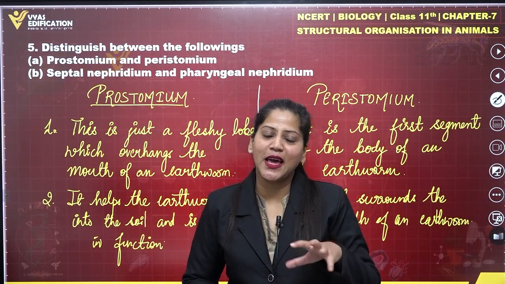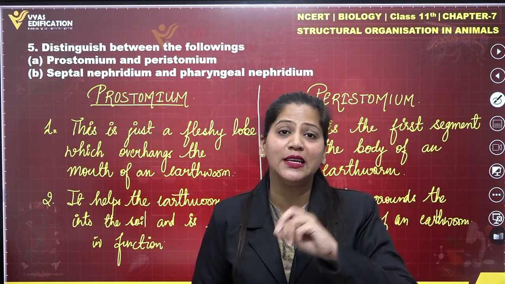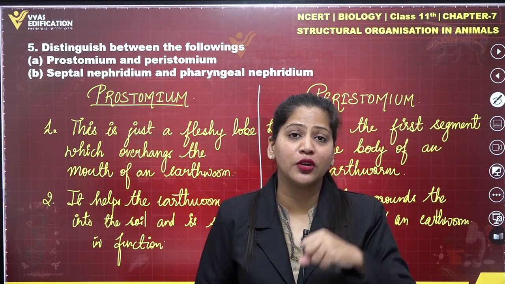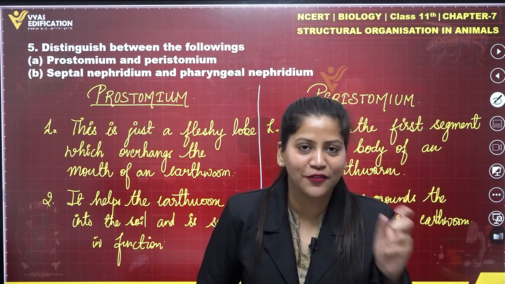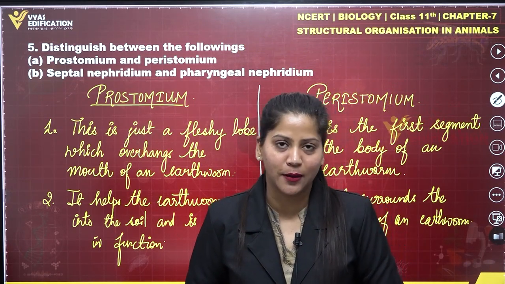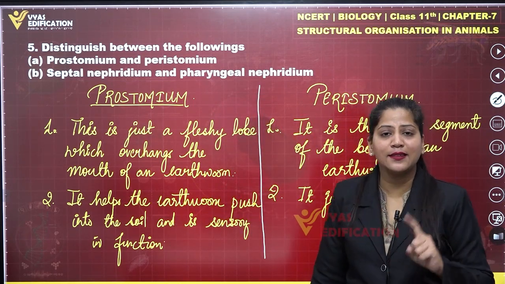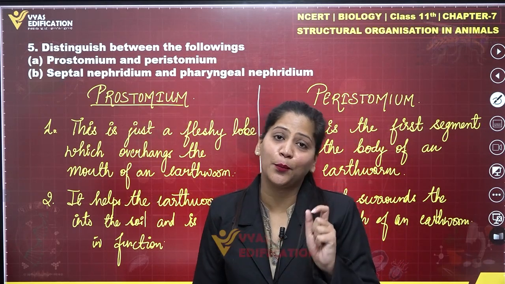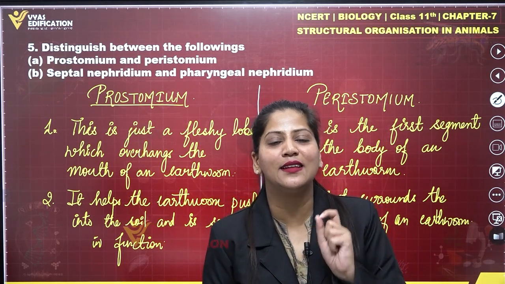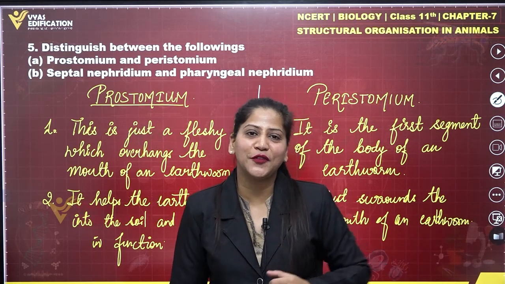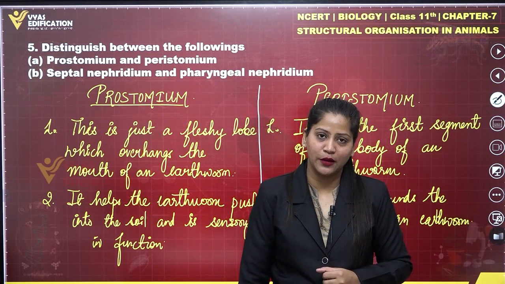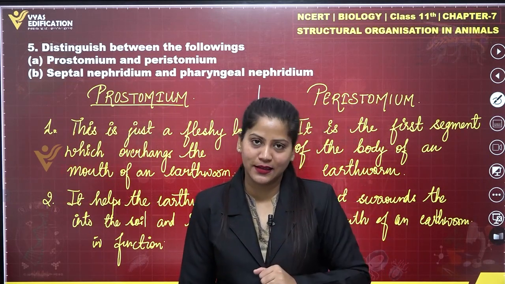In this question we are asked about the difference between septal nephridia and pharyngeal nephridia. Septal nephridia are present on both sides of intersegmental septa, behind the 15th segment of the earthworm, and they open into the intestine.